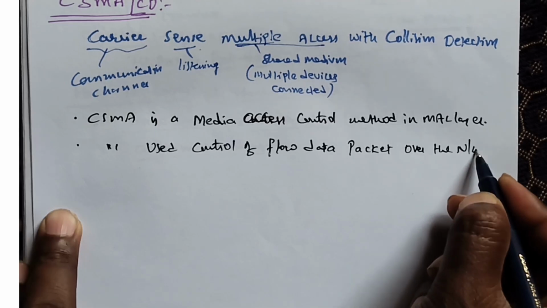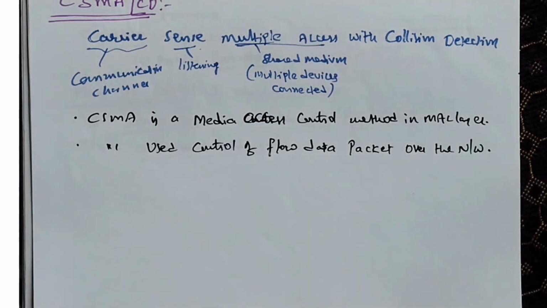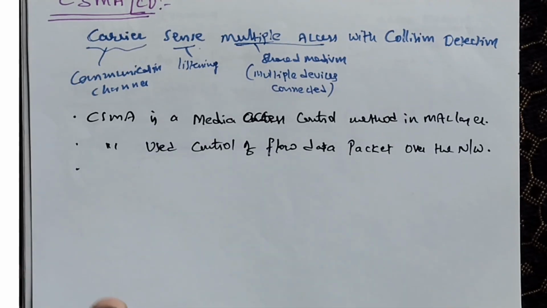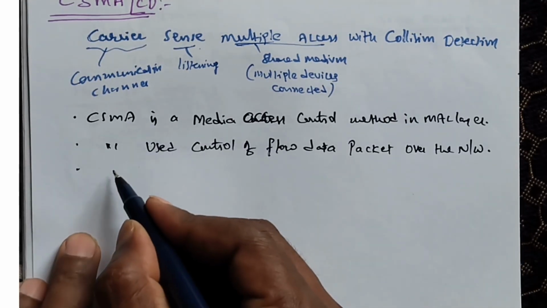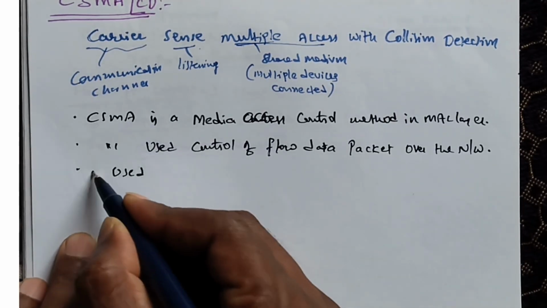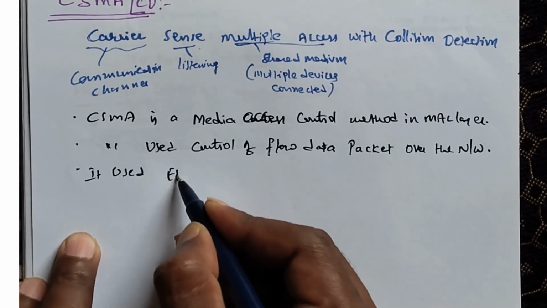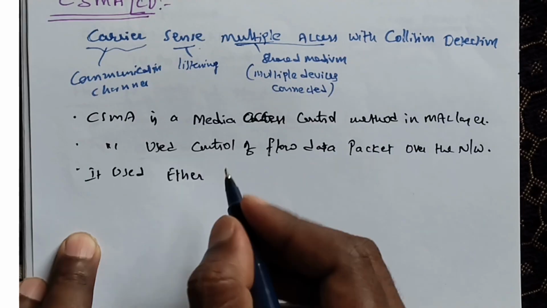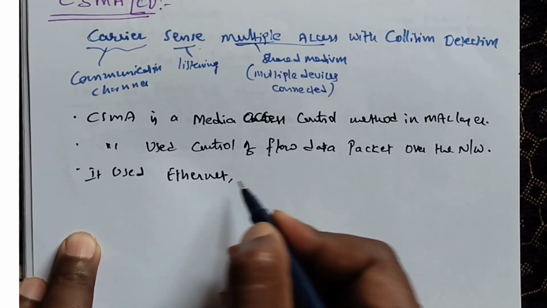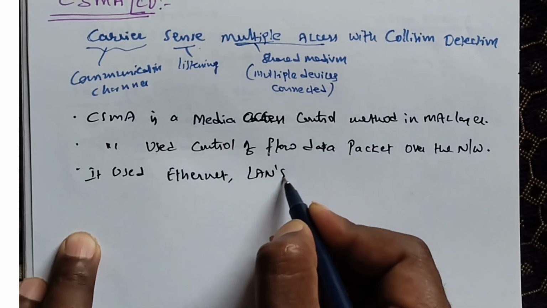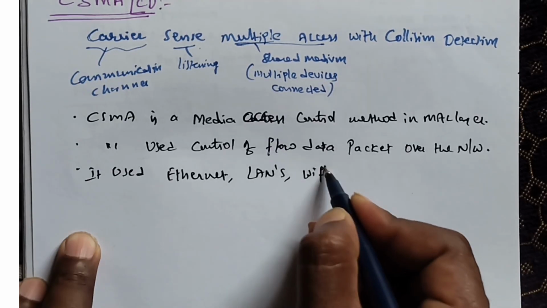When the data is transferring over the network, CSMA will control the flow of the packets, and CSMA is mainly used in Ethernet, LAN networks, as well as Wi-Fi networks.